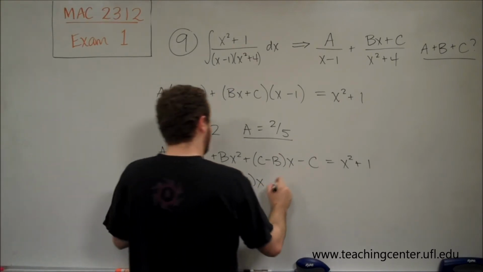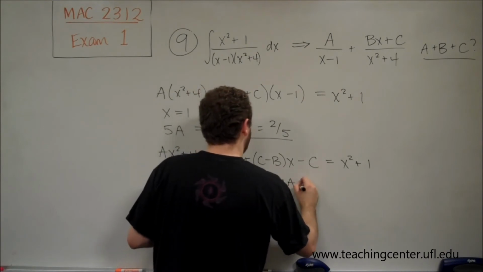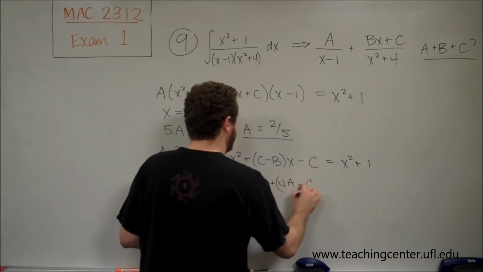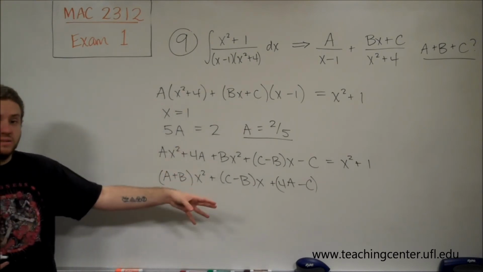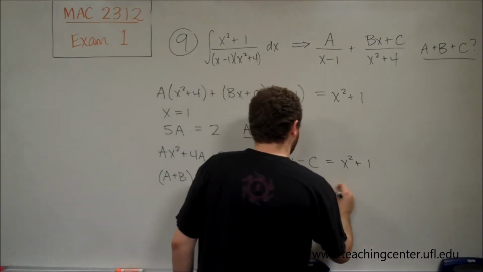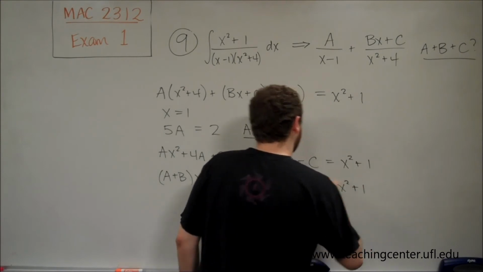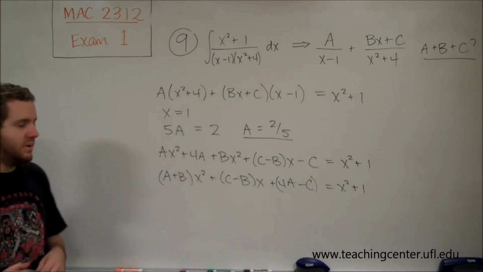And 4a minus c, I'll put that in parentheses just to highlight that that's just the constants, has to equal x squared plus 1.